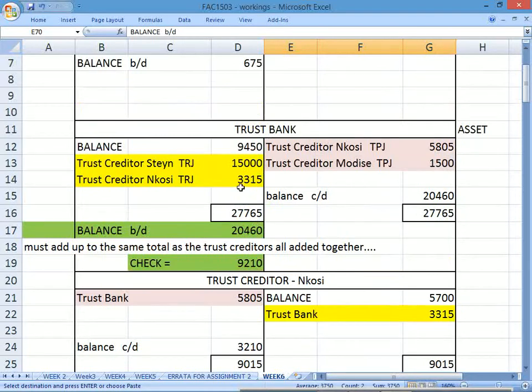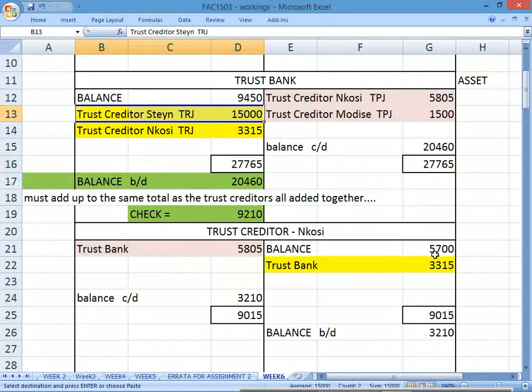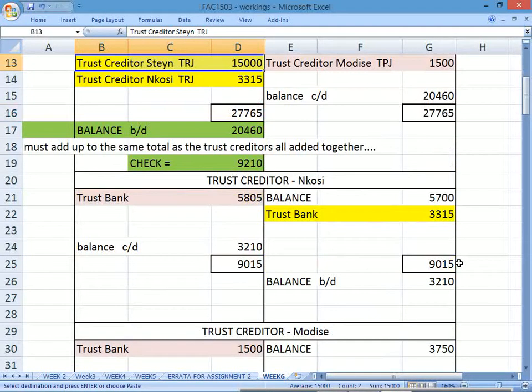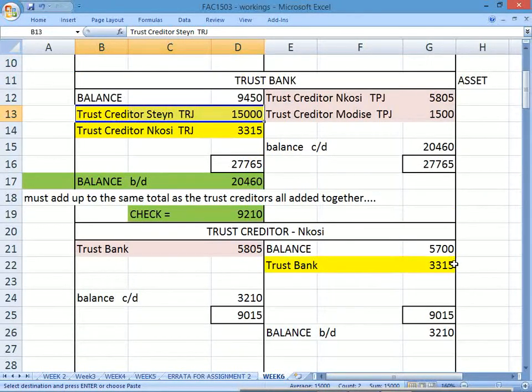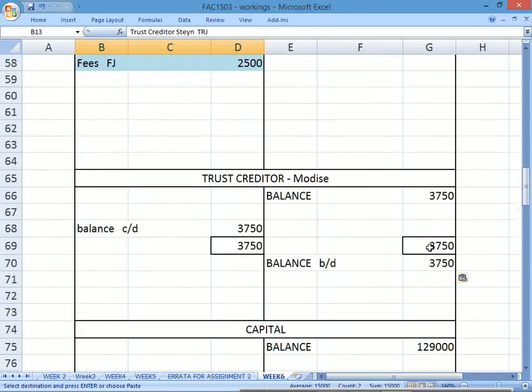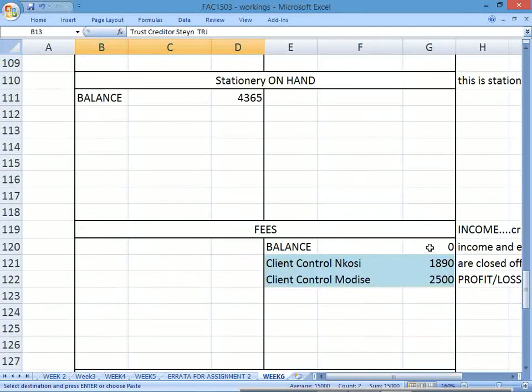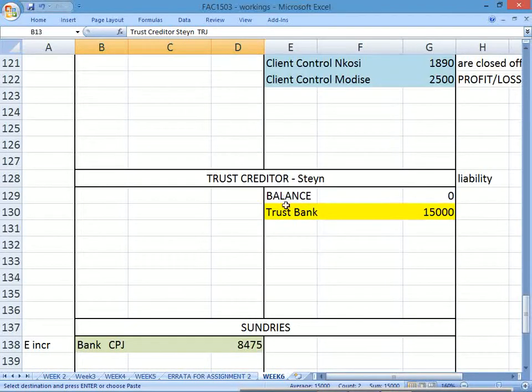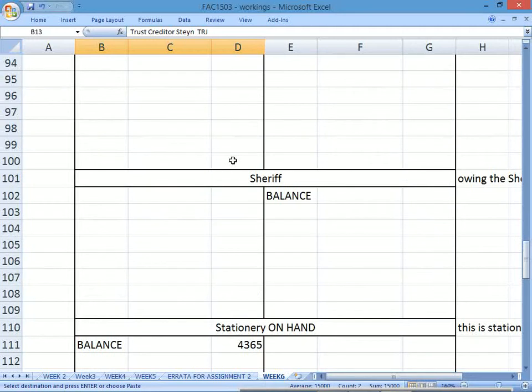Okay, this was the trust bank account. Oh, we still have other people. Stain. We need Stain as well. Where's Stain? Trust creditor, Stain. 15,000. There's Stain. So let's copy paste the balance for him.